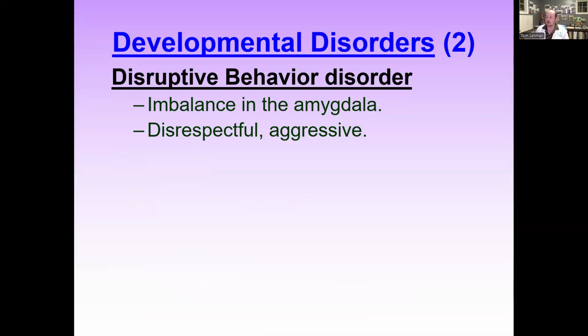Disruptive behavior disorder is due to damage to the amygdala. The amygdala is part of your emotional control center. This helps to control your expression of emotions with things like anger and aggressiveness. And so generally someone with disruptive behavior disorder, some physical damage to this structure usually causes the patient to become a lot more aggressive, especially very reactively aggressive.